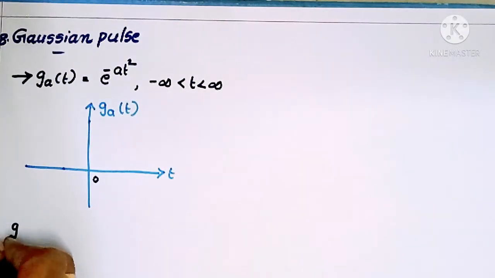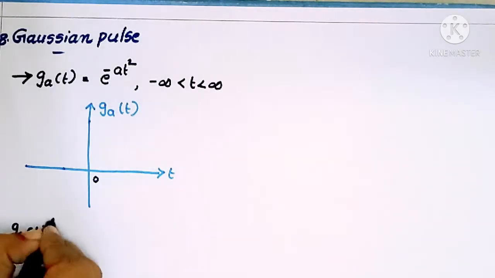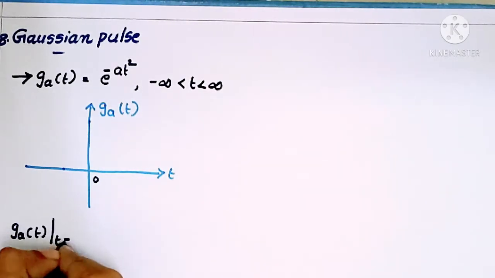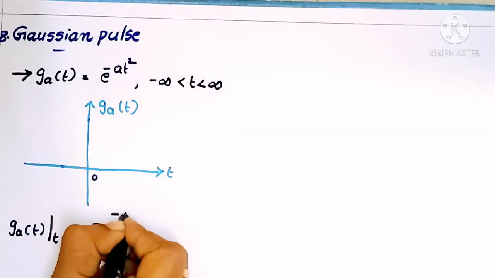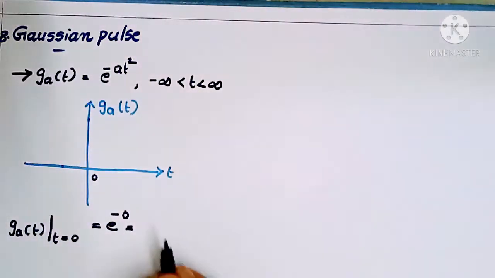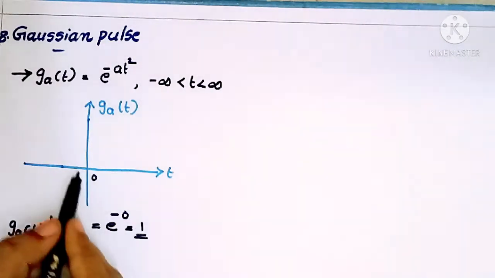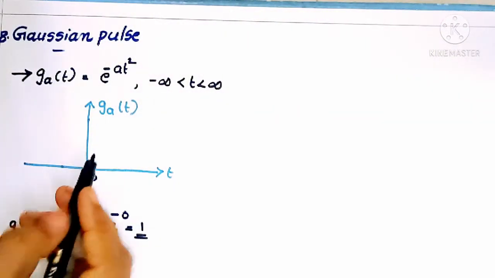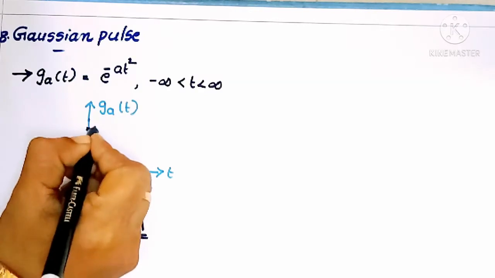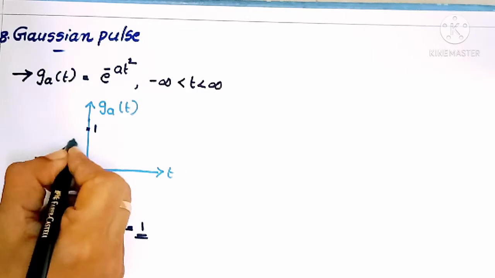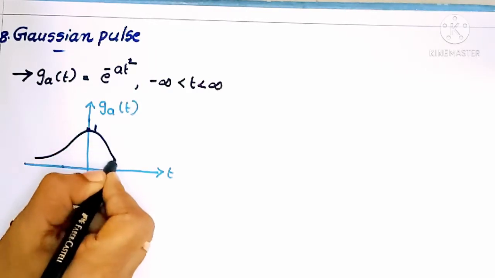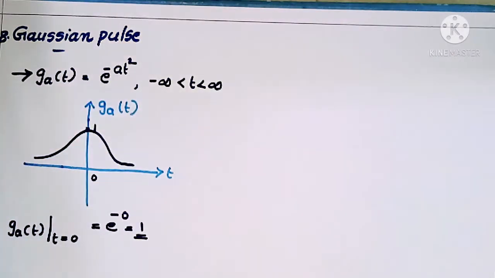Ga of t at t equal to 0 is e raised to minus 0, which is equal to 1. At t equal to 0, the Gaussian pulse value becomes 1. So we can draw the signal like this. This is the plot representing the Gaussian pulse.